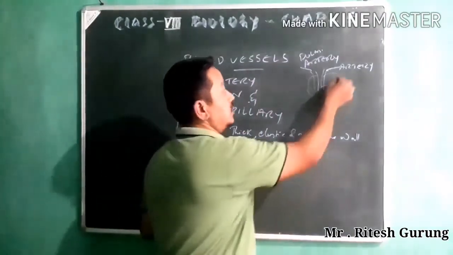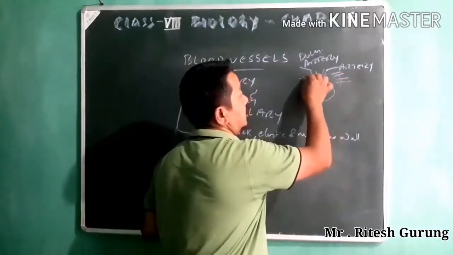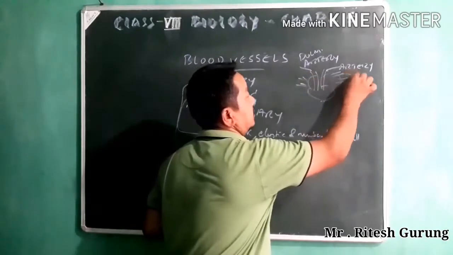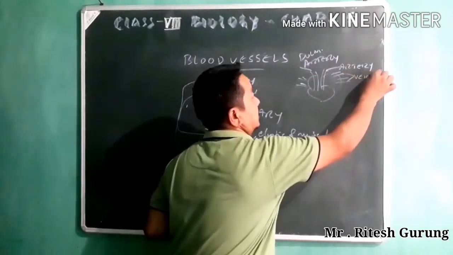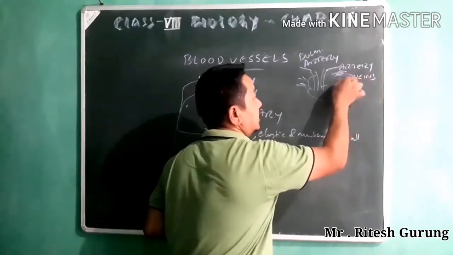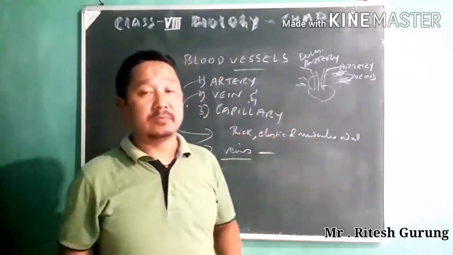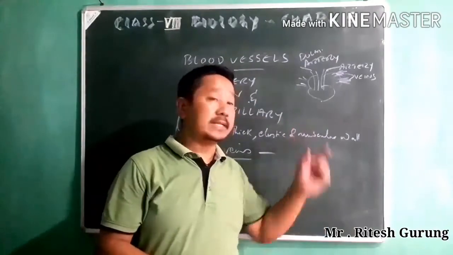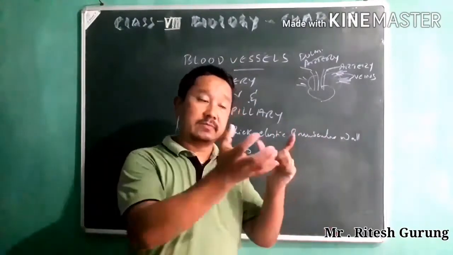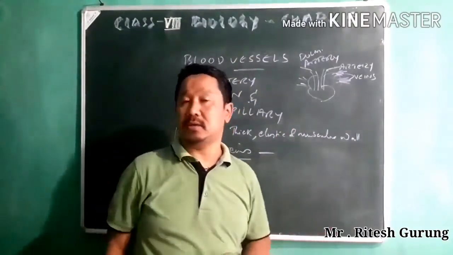They bring it to the heart like that. They carry blood into the heart. From different parts of the body, veins collect the blood and bring it to the heart.